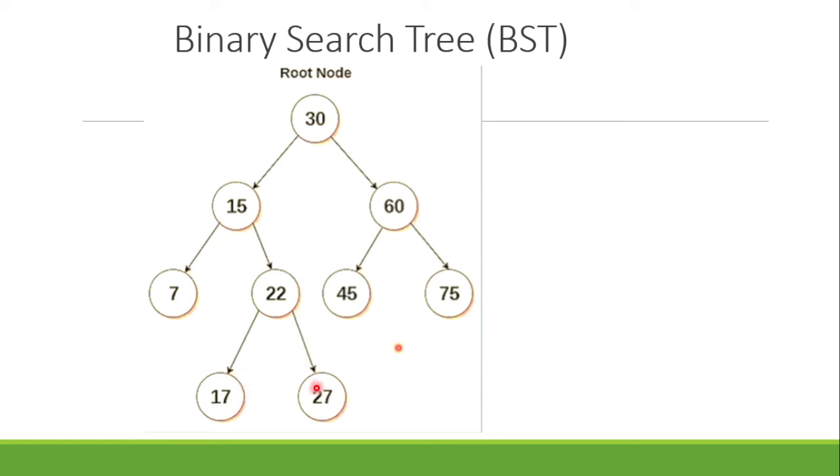Its right subtree has a value greater than 22. This is the condition for a binary search tree. For any node, its left subtree should have values lesser than the node. Its right subtree will have values greater than the particular node. That is the condition of arranging data in a binary search tree.